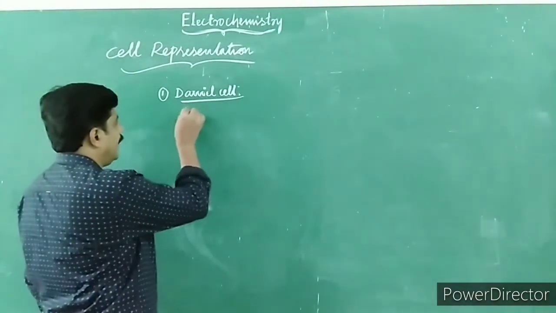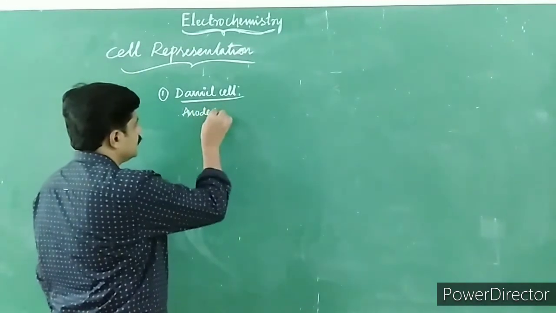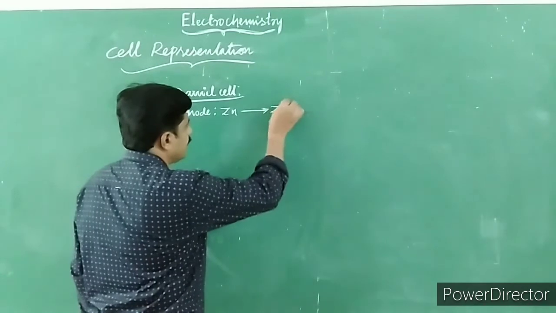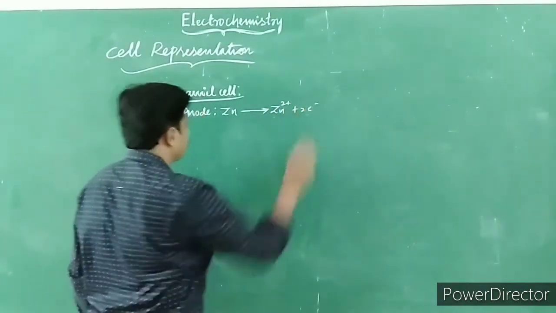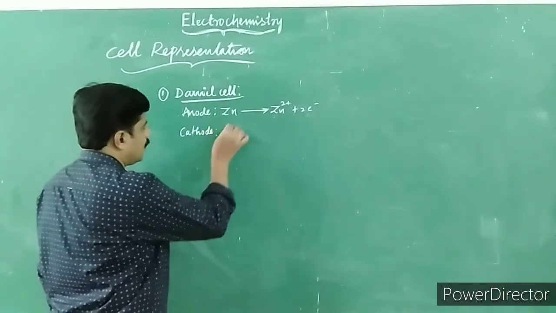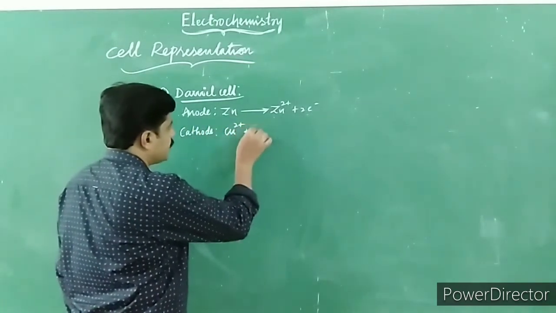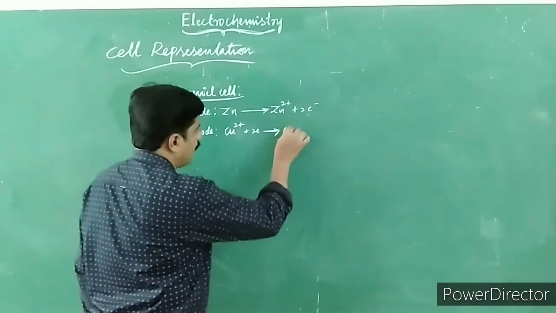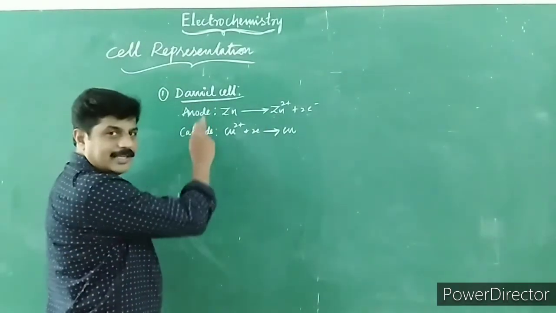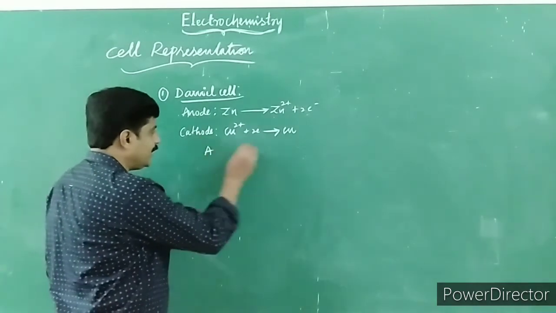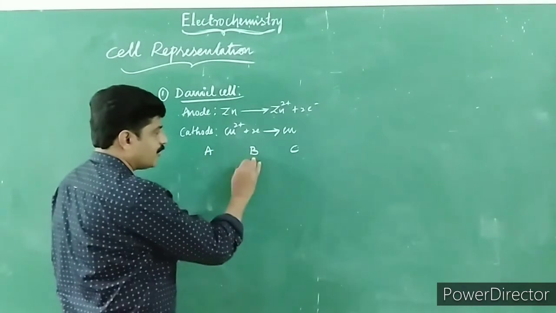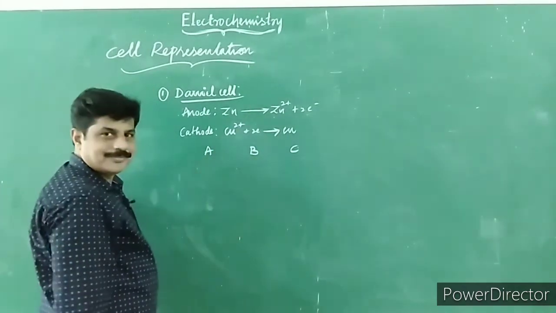Look at here, anode: zinc loses 2 electrons to form Zn2+ ion and 2 electrons. Whereas at the cathode, copper 2+ ion gains 2 electrons and forms copper. Once you write the anodic and cathodic reactions, now you need to represent the cell: A, B, C, anode, salt bridge, cathode. Hope you got it.